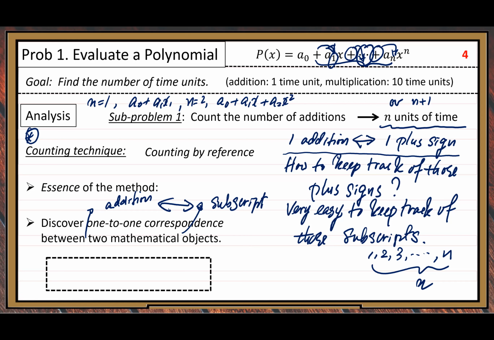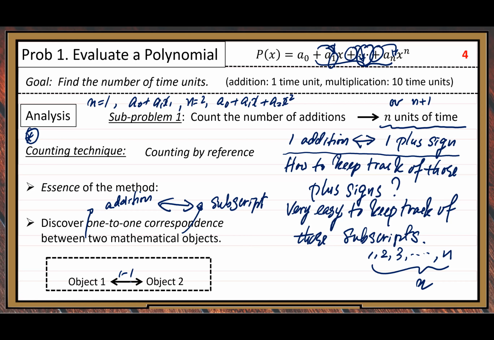Here I use a small diagram to explain this method. We have object 1 and object 2. There is a one-to-one correspondence between them. Make sure it is a one-to-one correspondence. Now we need to do the counting on object 1, but for some reason it is very hard to keep track of the number of object 1.